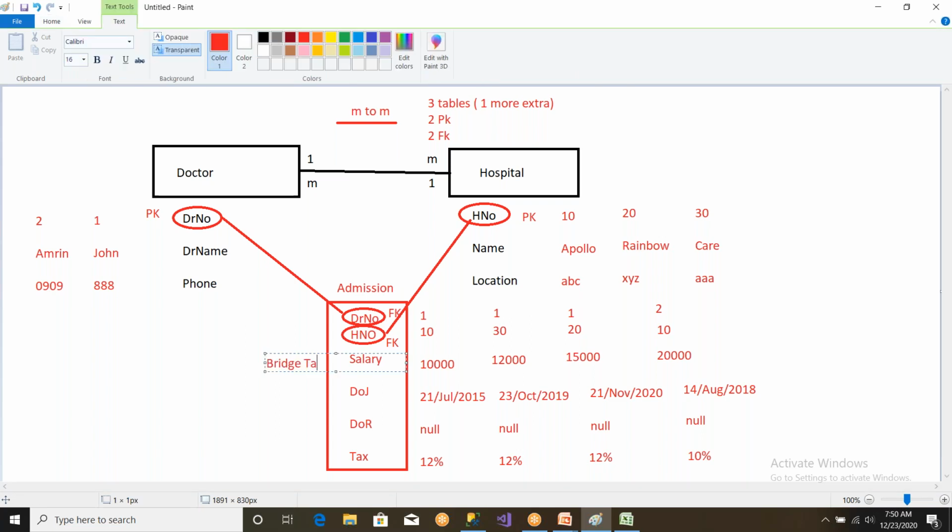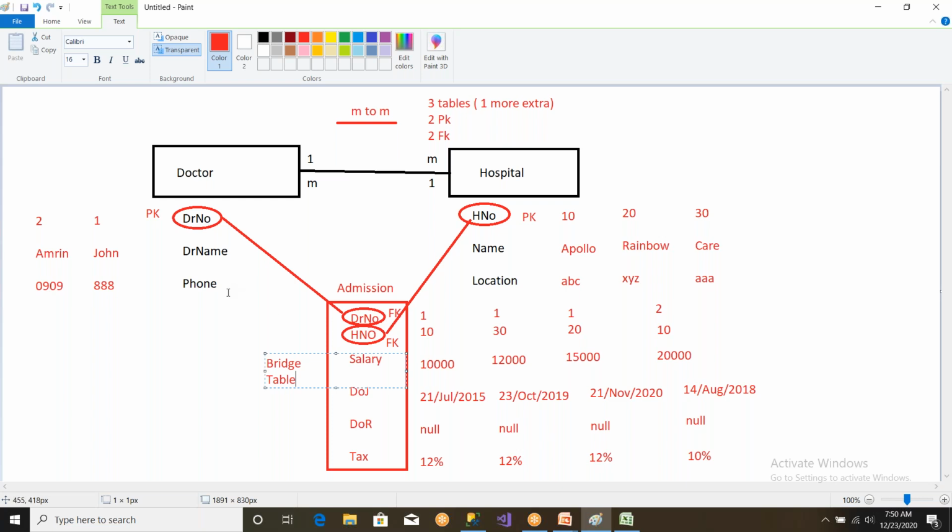Okay, people will be saying this is what is called a bridge table. Bridge table will be there whenever there is a many to many relationship. Clear? So without a bridge table, without the third table, you cannot handle many to many relationship.